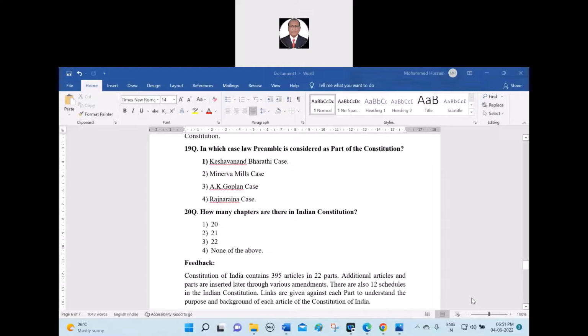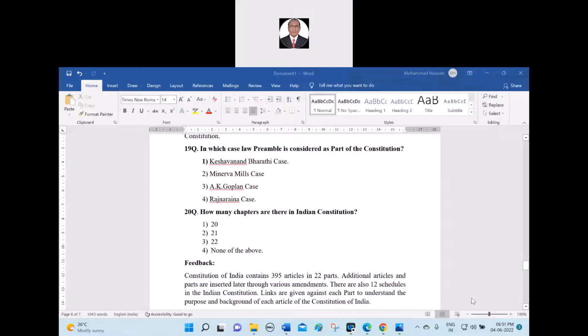Supplementary question, they may ask in this way also. In which part is the impeachment given, not president, Chief Justice impeachment. And I don't think the impeachment of the president is doubtful.